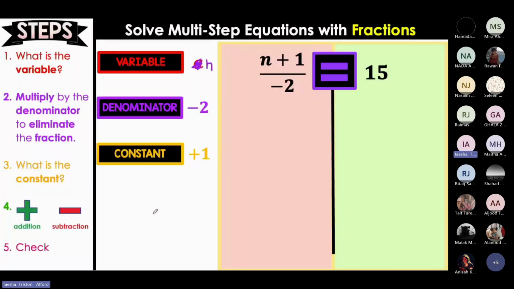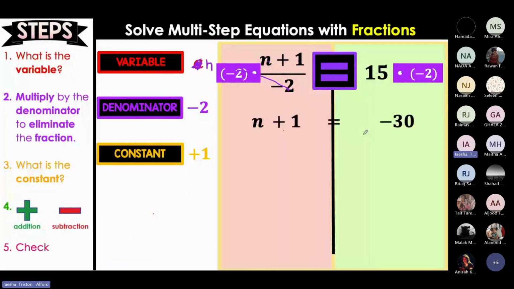The fraction bar has to go, bye-bye. Times -2, multiply both sides. We delete. The n plus 1, you keep it down. Positive 15 multiply -2 is -30. Next step.